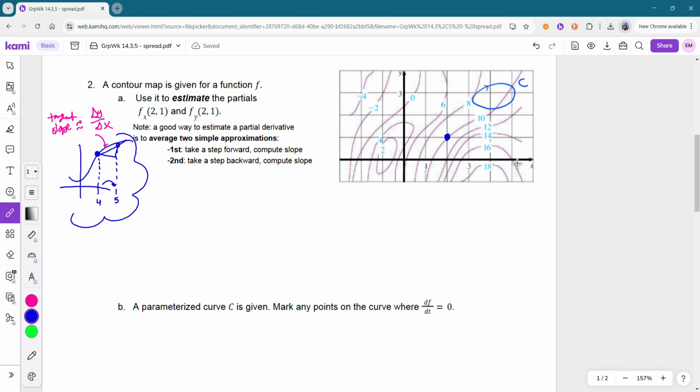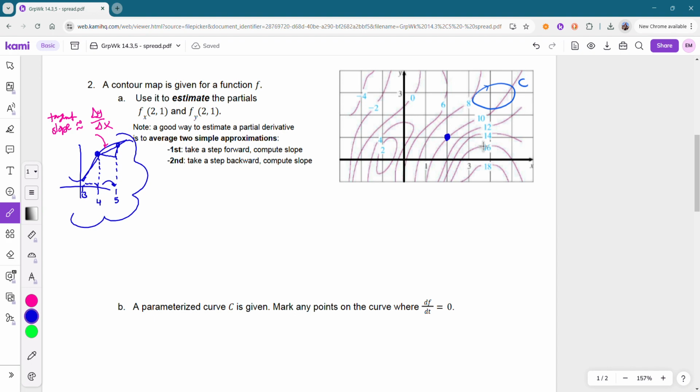Right, and we could also bounce back the other way and get another slope over on this side, and we could take the average to get some sort of reasonable, better estimate for our true tangent slope at our point 4. And so this is what we're keeping in mind.